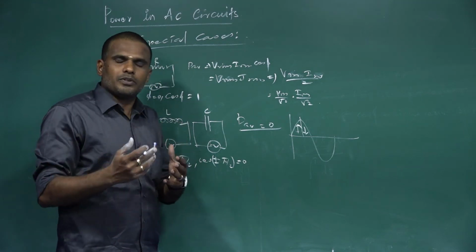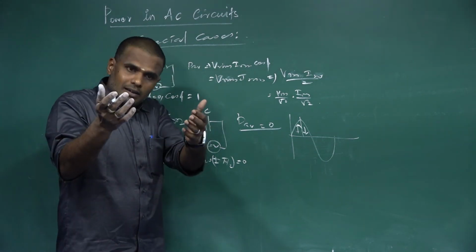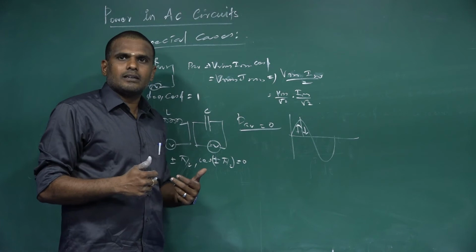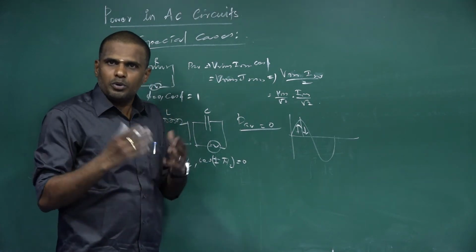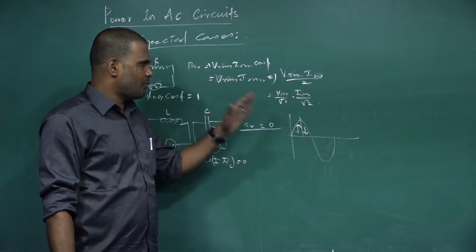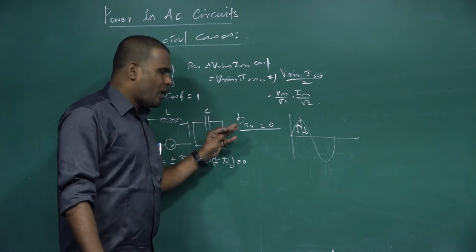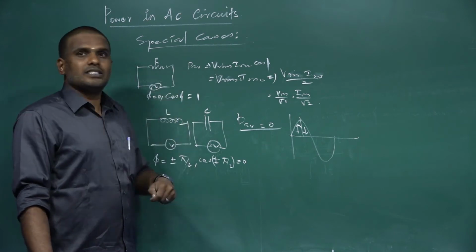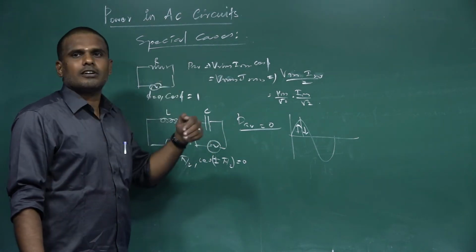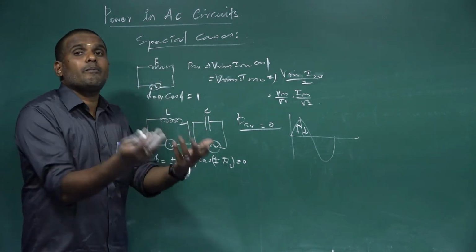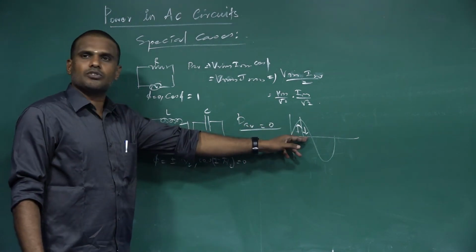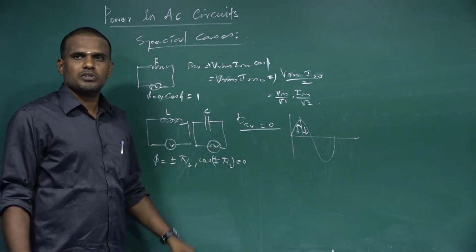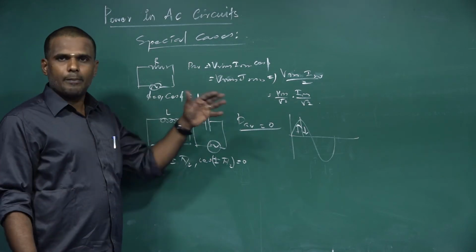I am giving you 100 rupees, you are getting it, but you are returning it back to me once again. So what is the amount utilized by you? Nothing, 0. So the power consumed by the circuit here is 0, because the energy consumed in a quarter cycle is once again provided back to the source in the next quarter cycle. So average power consumed is 0 in a pure inductive and a capacitive circuit.